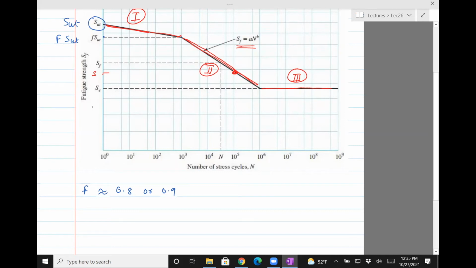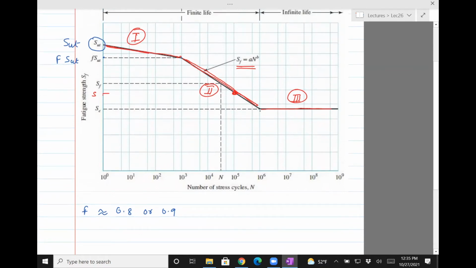The other thing we want to know is this point. If you want to draw a line, then we need to know 2 points. So there's the endurance strength, which is an unknown, and then there is the number of cycles, which is known. So the coordinates of this point are 10 raised to 6 cycles, and then the endurance strength.